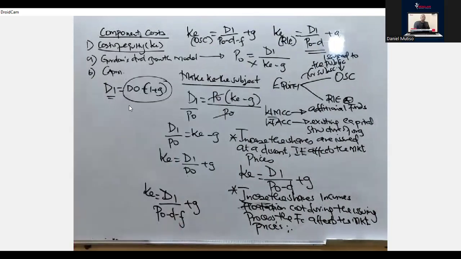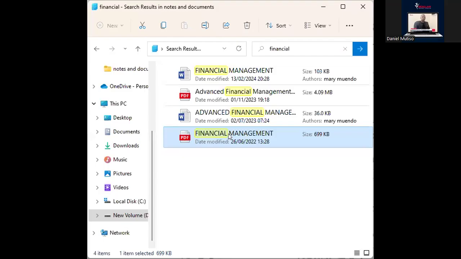When you look at our notes here, I have been able to explain part of them. So when you look at this part, you'll realize that KE is the cost of equity.